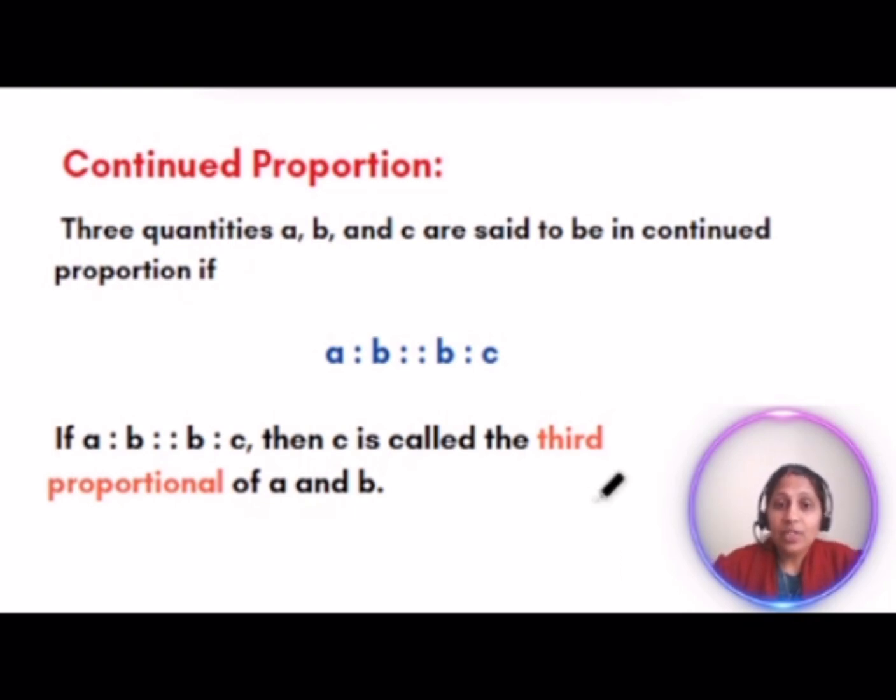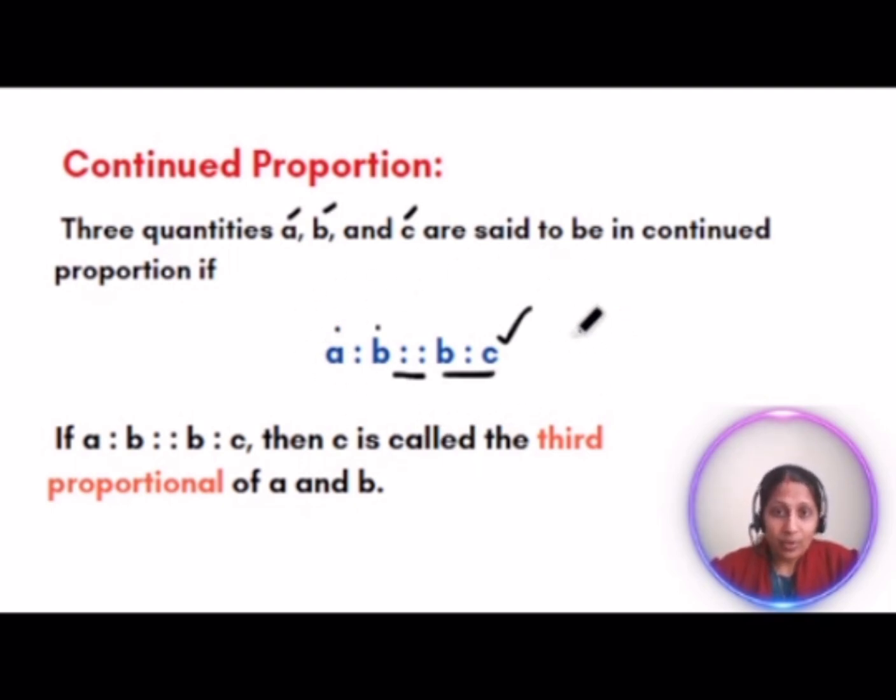Say for example, if there are three quantities A, B and C, they are said to be in continued proportion if A is to B is the same as B is to C. Okay. So here only three quantities are involved. So C will be called the third proportional here. Okay. So this continued proportion is very important because in the competitive exams especially, you will be asked such problems.